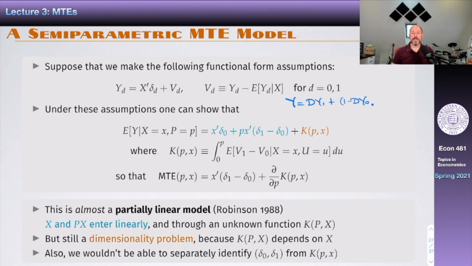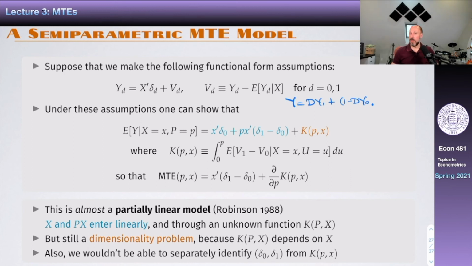As I wrote here, this is almost a partial linear model, introduced by Robinson in 88. You can see here, if you just look at the top, that x and px enter linearly. This is exactly this part over here. And they also enter through the unknown function here, k.